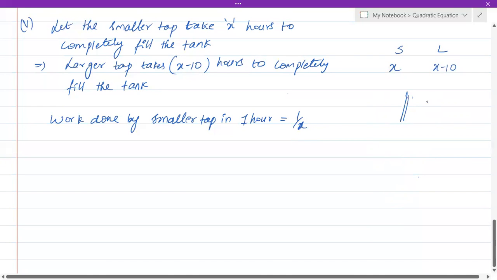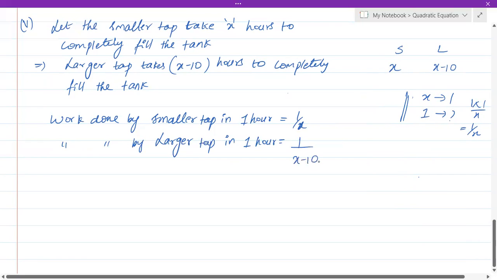In x hours, it is doing one full job. In 1 hour, how much will it do? So cross multiply, 1 into 1 divided by x. That is 1 by x. The same thing for the bigger one. Work done by the larger tap in 1 hour. In simple words, you just take the reciprocal. In x minus 10 hours, it is doing the job. In 1 hour, you just take the reciprocal, so it will become 1 by x minus 10.